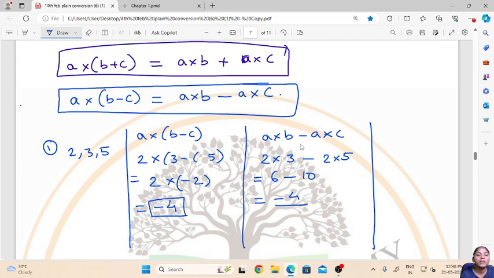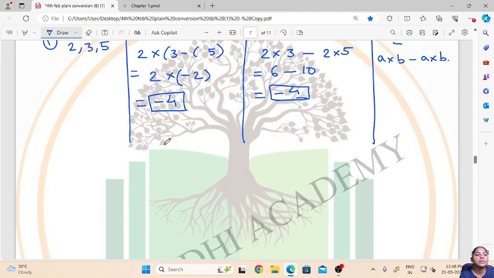So we are getting the same answer for both the equations. So thus we can say that A into B minus C is equal to A into B minus A into C. But still, let us solve some more examples and verify this property.